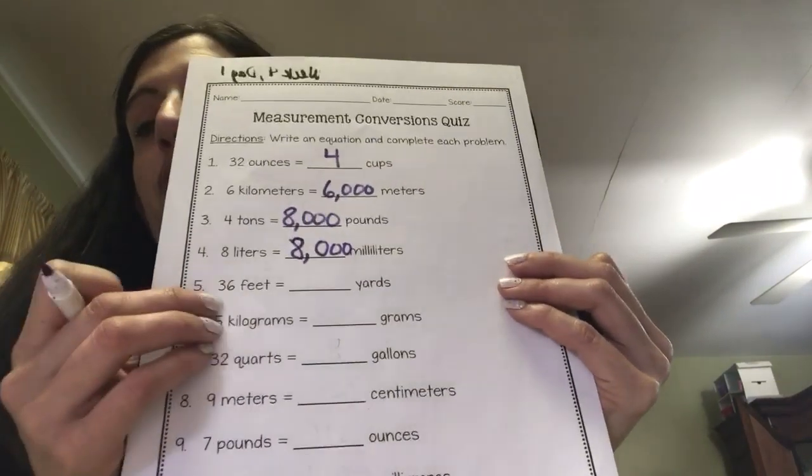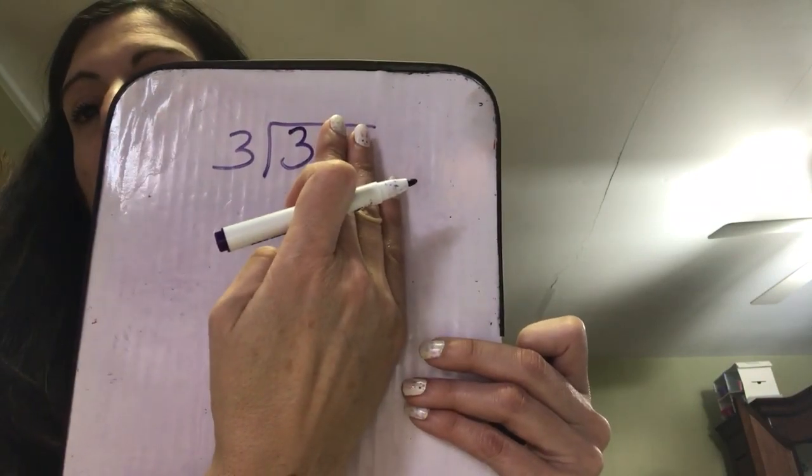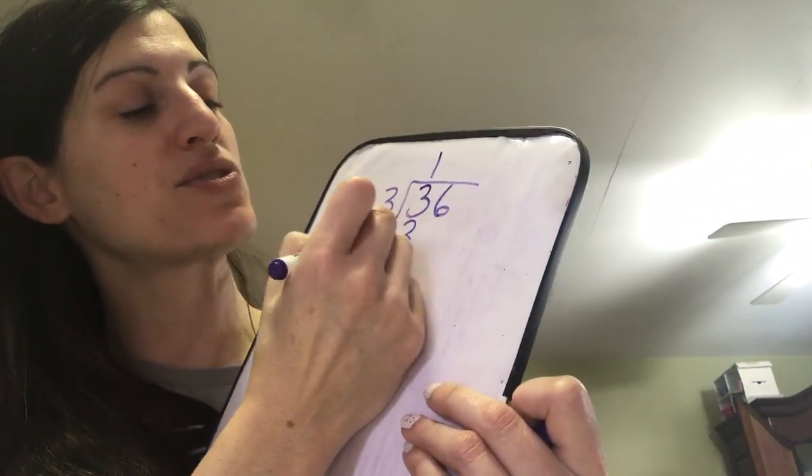Okay, next we're going to go from 36 feet to how many yards? Well, to do that, we're going to have to divide by 3. So we're going to take 36 divide by 3. Okay? Cover this one up. 3 goes into 3 how many times? Just once. 3 times 1 is 3.